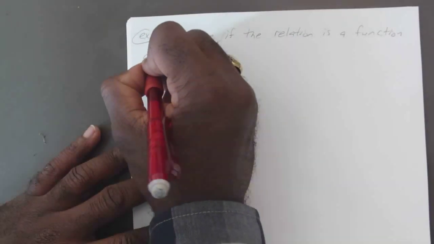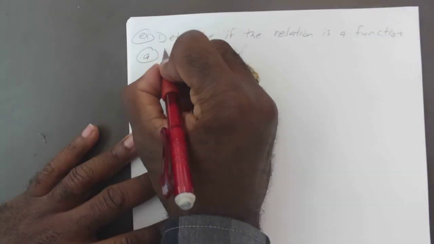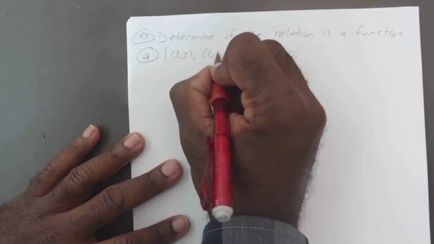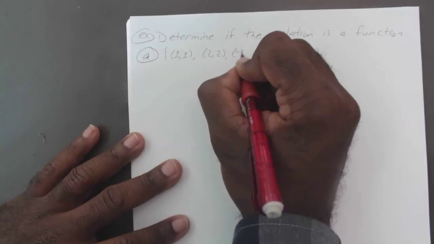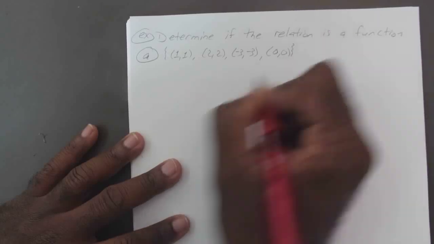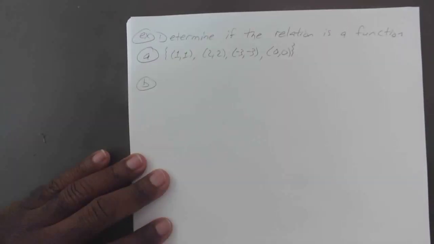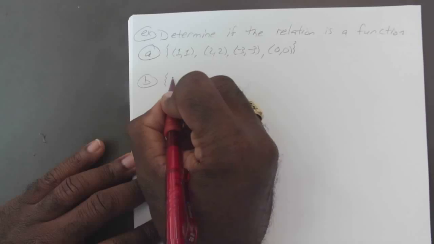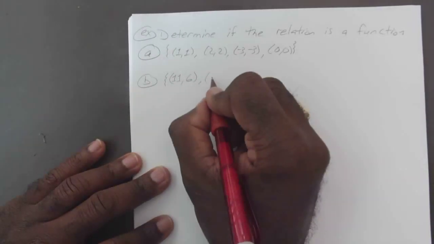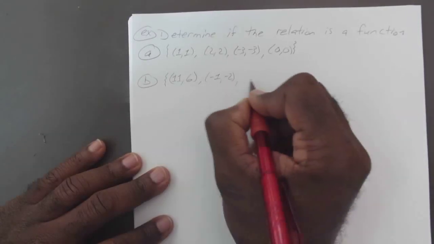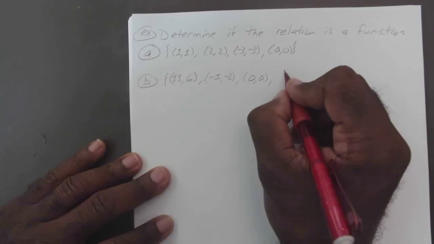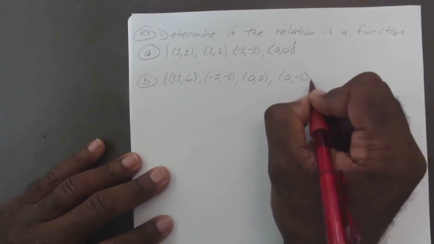And let's say for A, we have 1, 1, 2, 2, negative 3, and 0, 0. Okay. For B, you have 11, 6, and the ordered pair negative 1, negative 2, and the ordered pair 0, 0, and 0, negative 2.